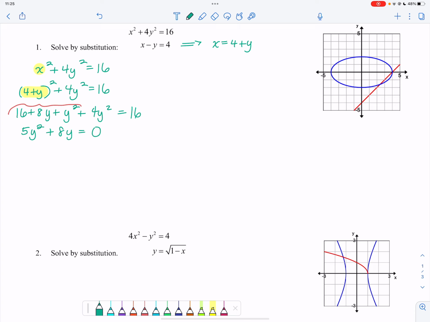And now we can say that's equal to 0 because we will subtract 16 from both sides. Let's go ahead and factor out a y from both terms. So we can see that y is equal to 0, or 5y plus 8 is equal to 0, and y is equal to negative 8/5.